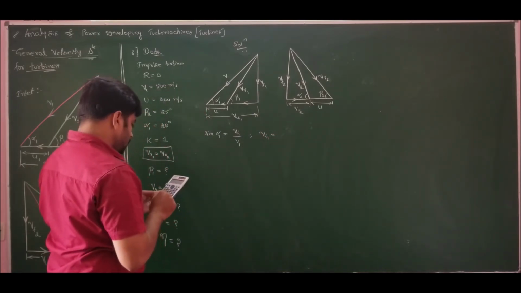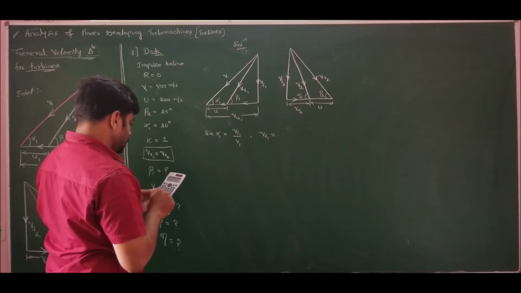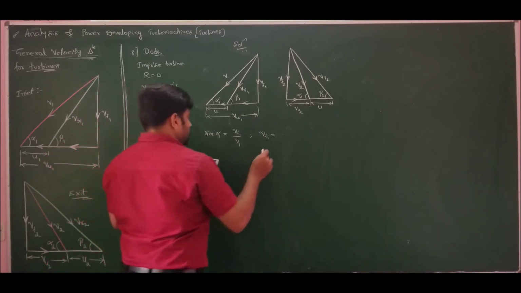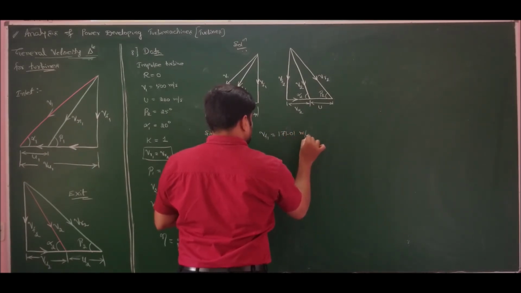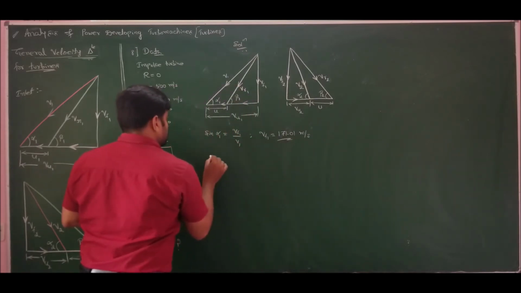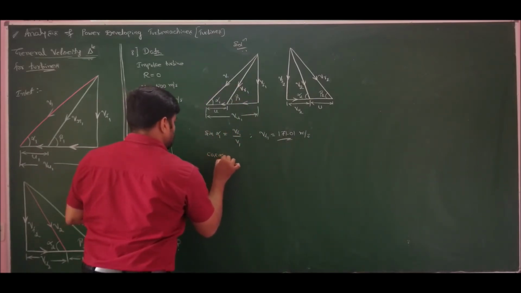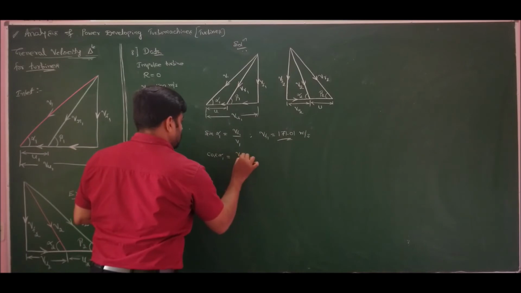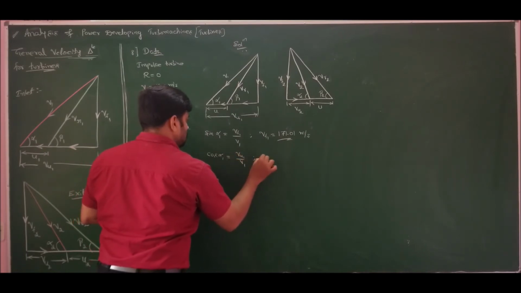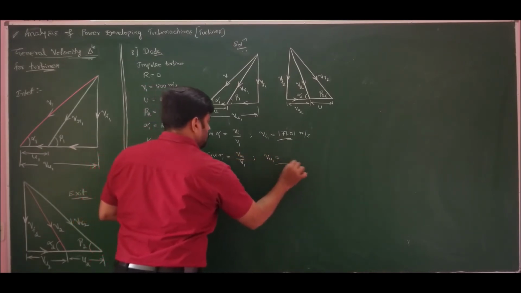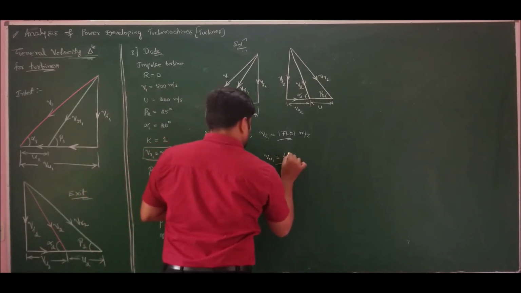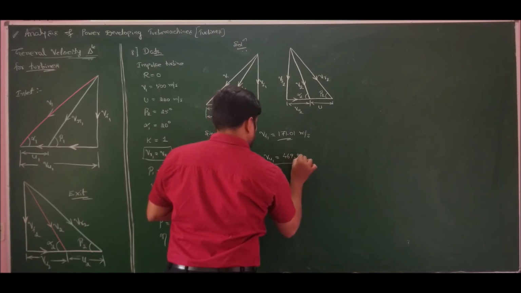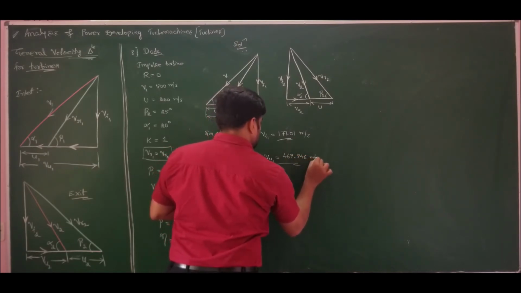V1 is 500, and the sine of nozzle angle 20 gives 171.01 meters per second. Next, use cos alpha 1. Cos alpha 1 is VU1 by V1. Therefore, VU1 will become V1 cos alpha 1, which is 469.846 meters per second.